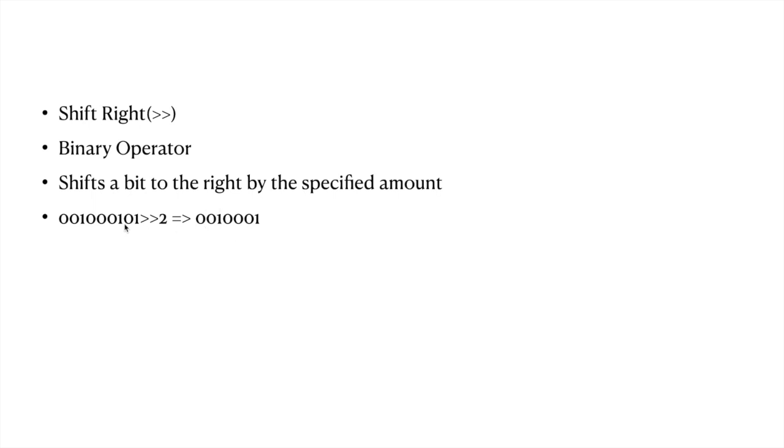To fill in place of these shifted values with 0, we'll use another operator called shift to the right with fill zeros.